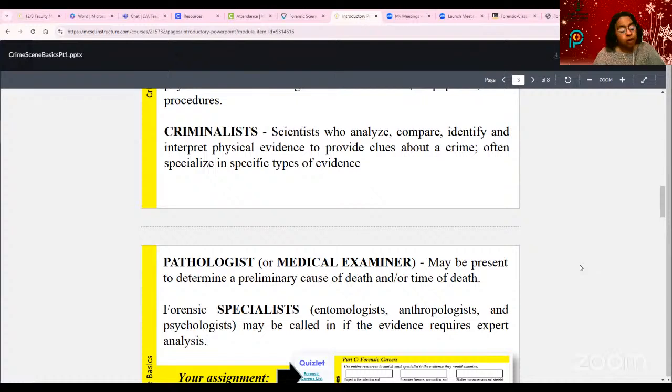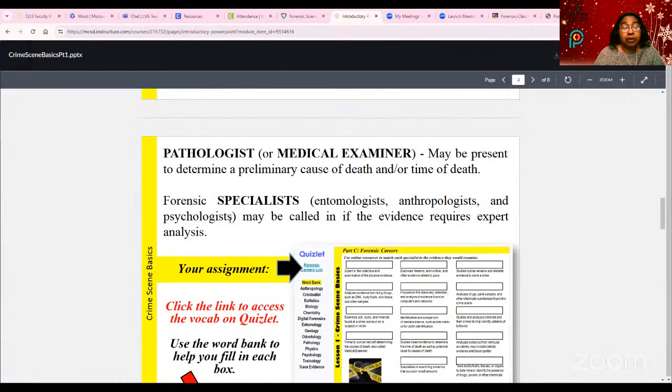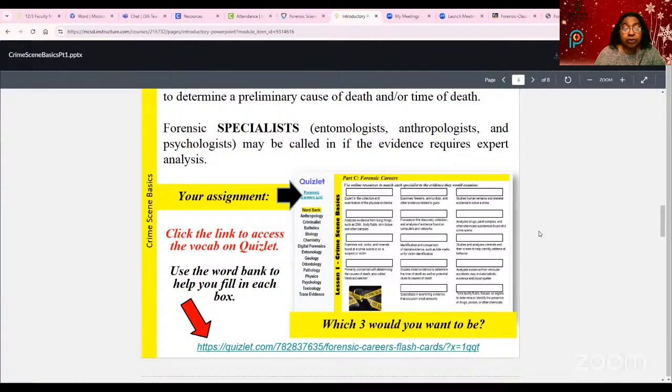But your coroner is able to identify the scene, call the time of death, all that sort of thing. So you need to know the difference between the coroner and the medical examiner. So all the specialties: we just did entomology, we did anthropology with the bones, that sort of thing.